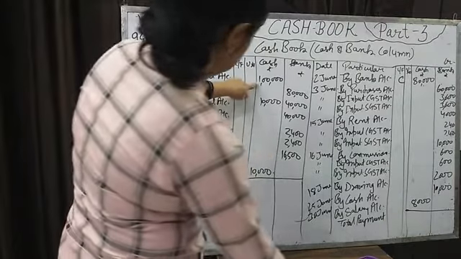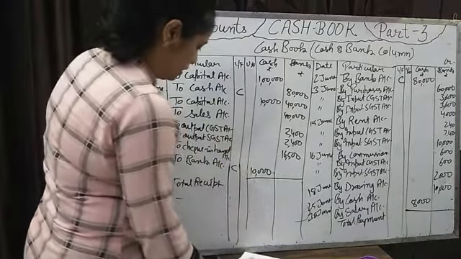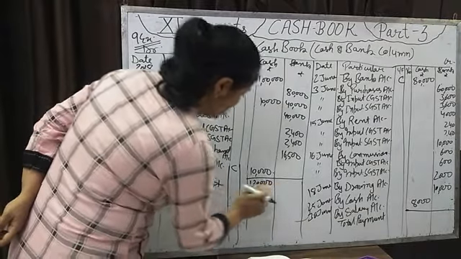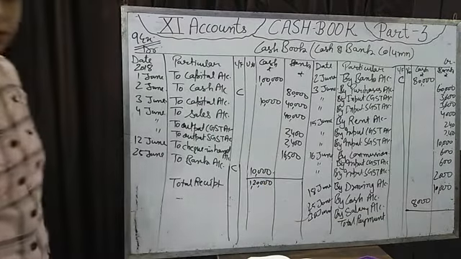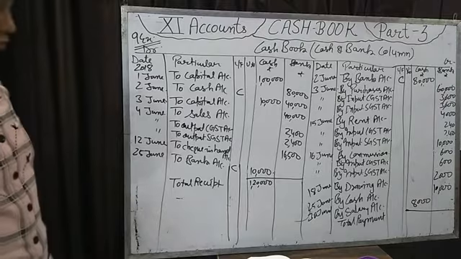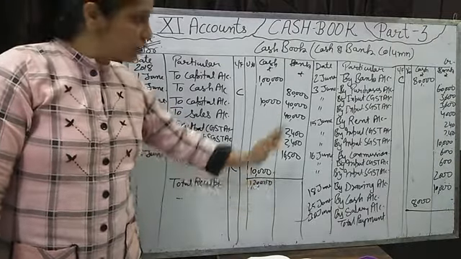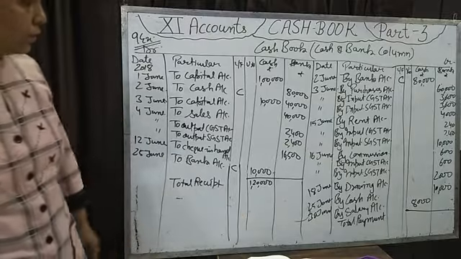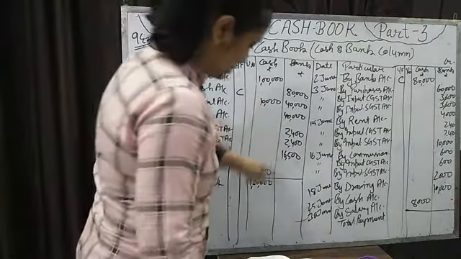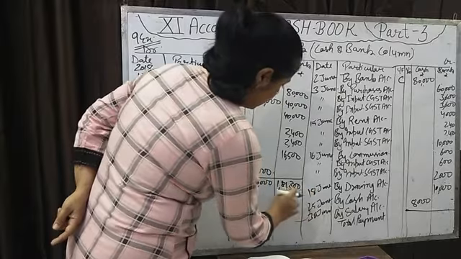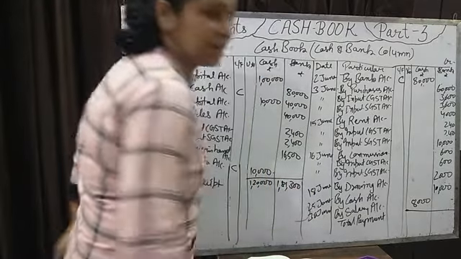Okay. So what is the total of this? 1 lakh, 10,000, 10,000, 1 lakh, 20,000. Don't put any line because we are not closing till now. So no line will come here. 2 lines will come after closing the cash book. Okay. And total of this is 1,81,300. So fast I am calculating.